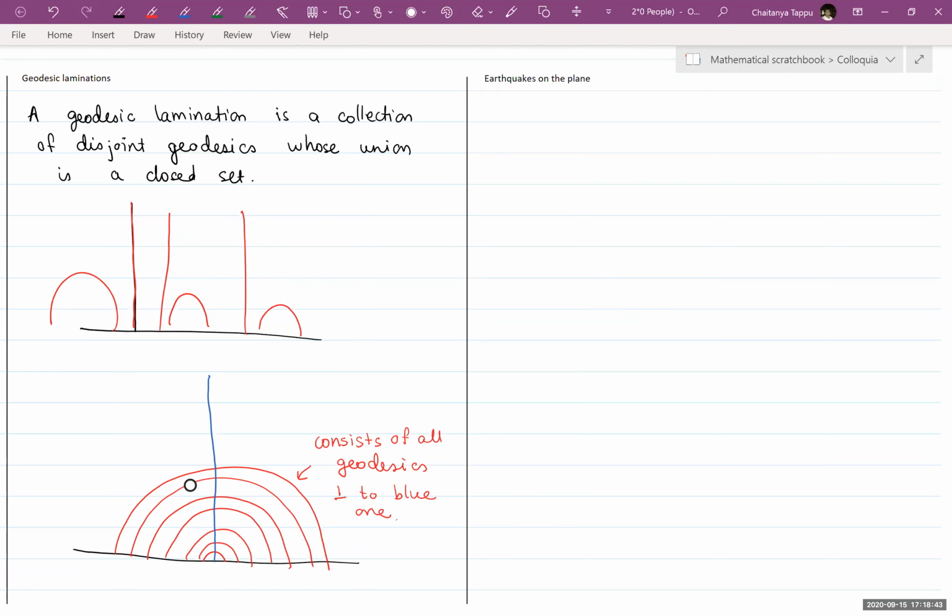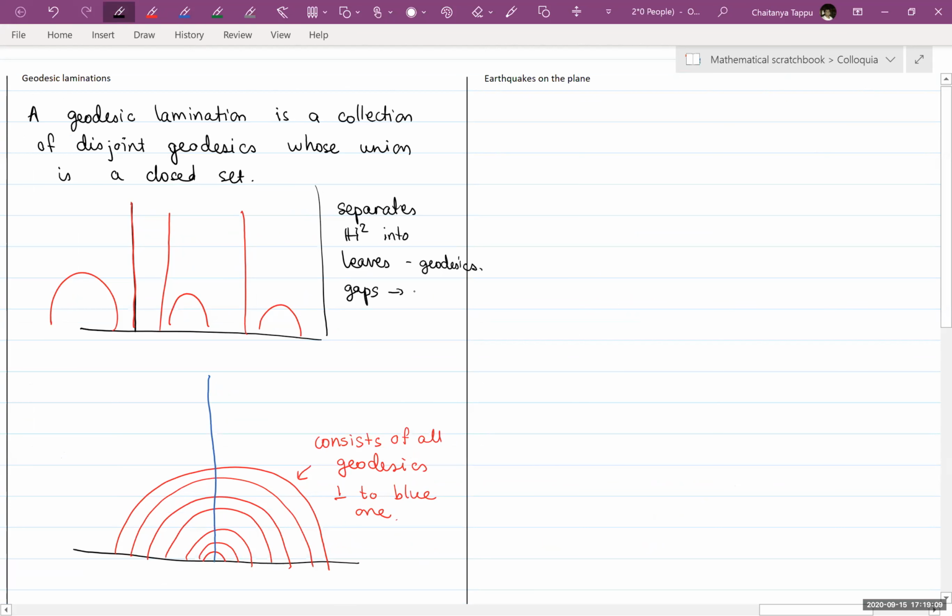Okay, so what's an earthquake on the plane? This geodesic lamination separates H2 into leaves, which are the geodesics, and gaps, which are complementary regions.